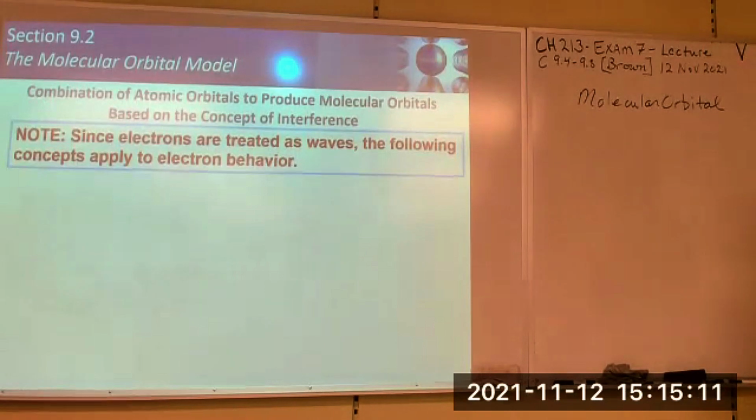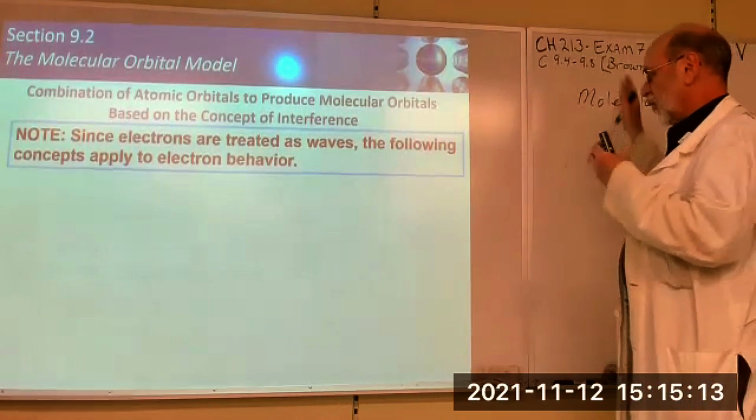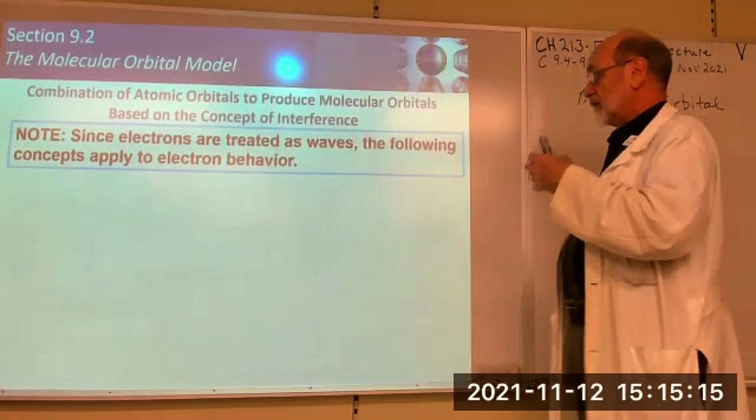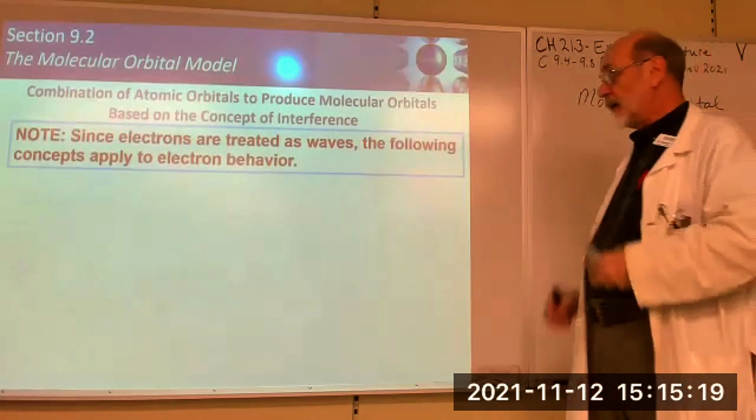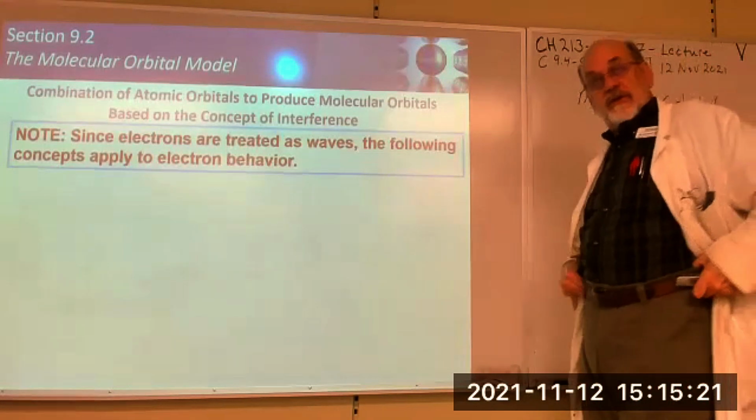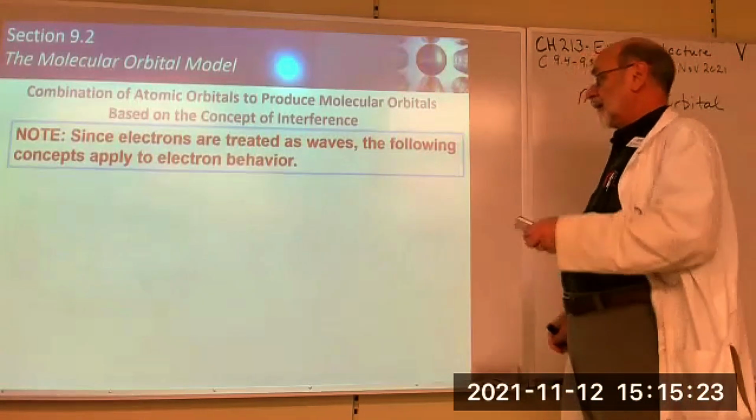The reason we can discuss these orbital scenarios in terms of waves is because electrons can be treated as waves. They can be treated as particles, they can be treated as waves. We've already learned that much.